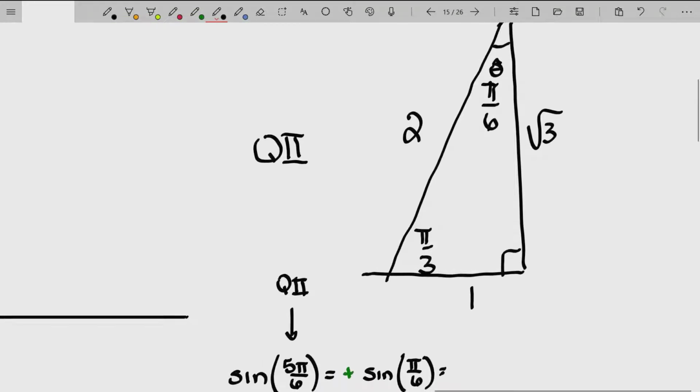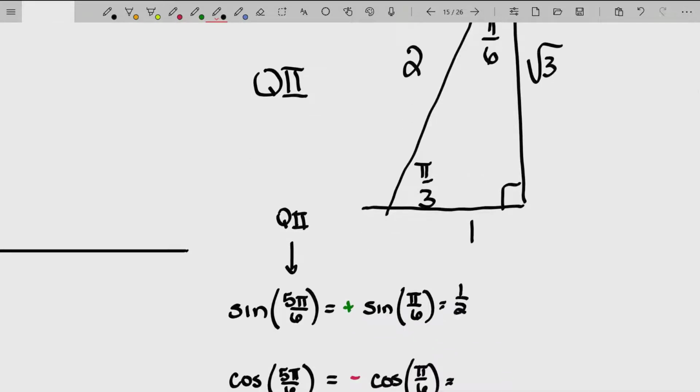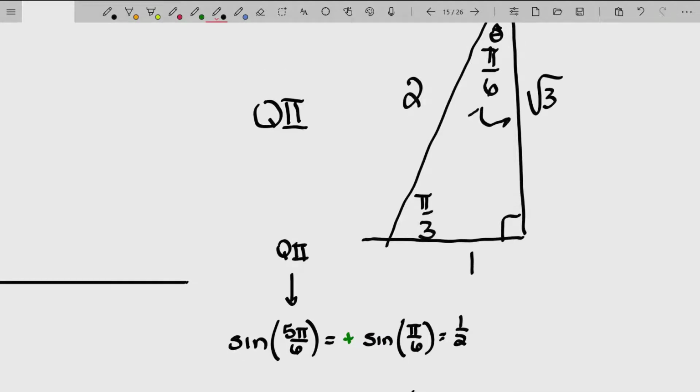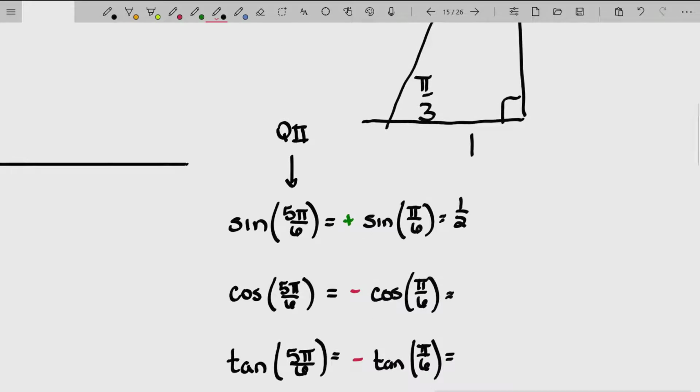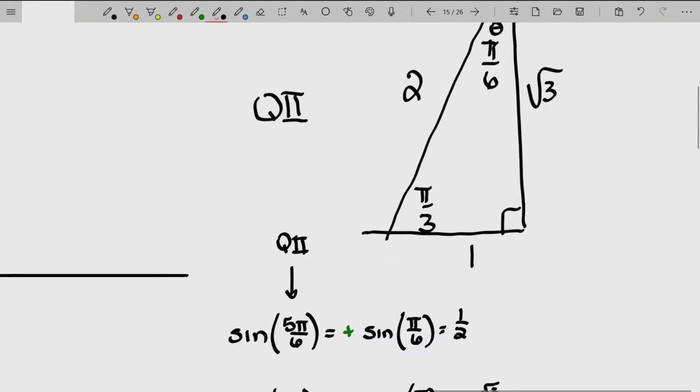And I can say, okay, the sine of pi over 6, opposite over hypotenuse, is 1/2. Great. And cosine of pi over 6, that's adjacent over hypotenuse, root 3 over 2. But it's negative, remember, so it's negative root 3 over 2. And finally, the tangent of pi over 6.